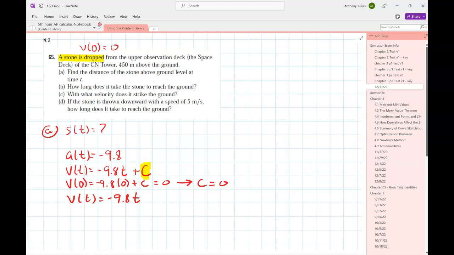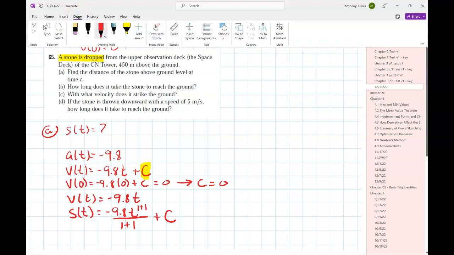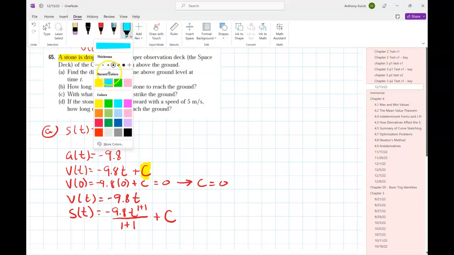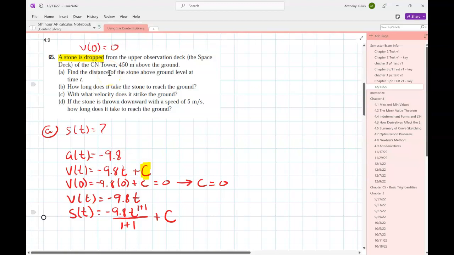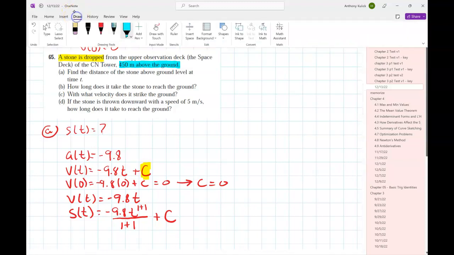Okay. And s of t then is the antiderivative of velocity. So that's going to be negative 9.8, and then t to the 1 plus 1 over 1 plus 1, and then I'll have plus c. Now again, we have to solve for this c. And again, the problem is telling me how to do that, because it tells me that we're dropping from 450 above the ground.